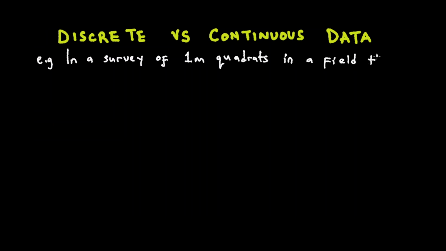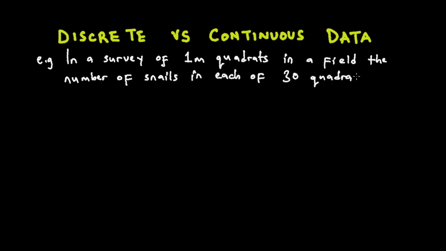Then the number of snails in each of 30 quadrants was recorded as follows.